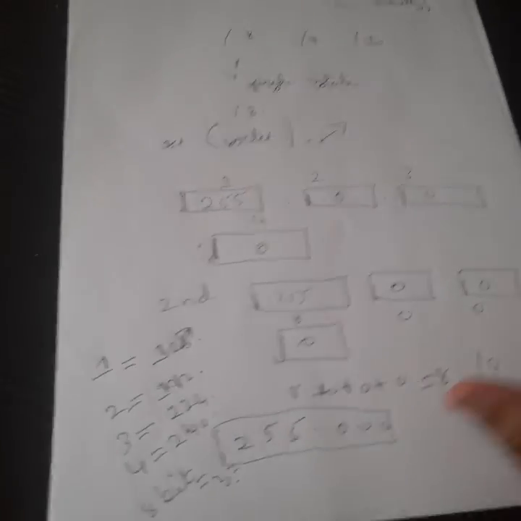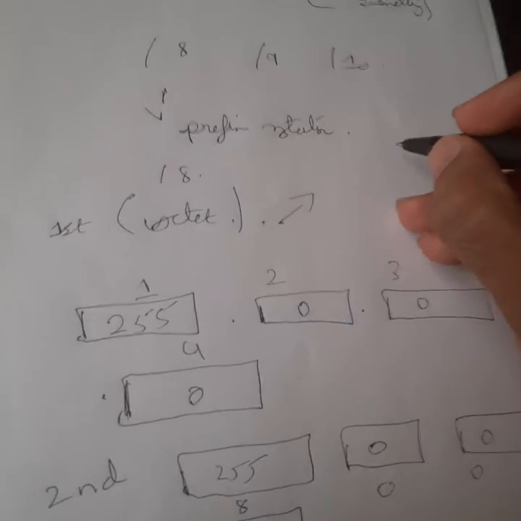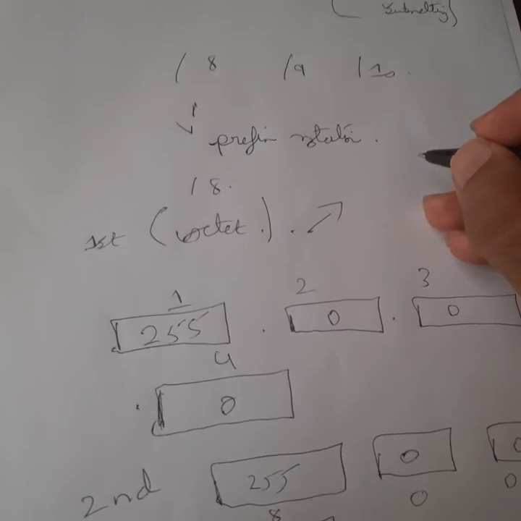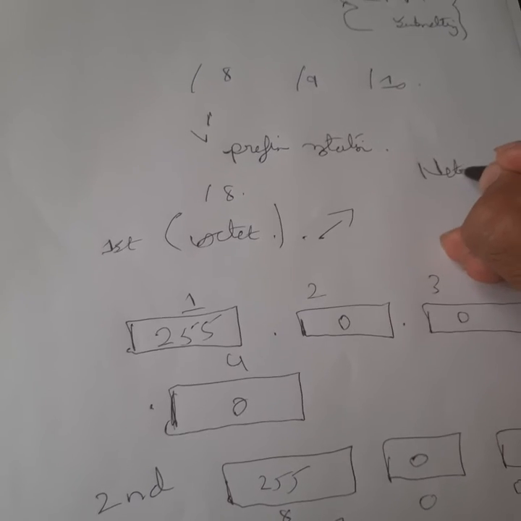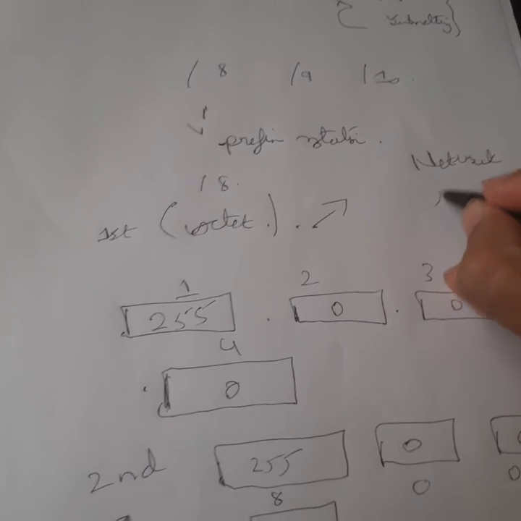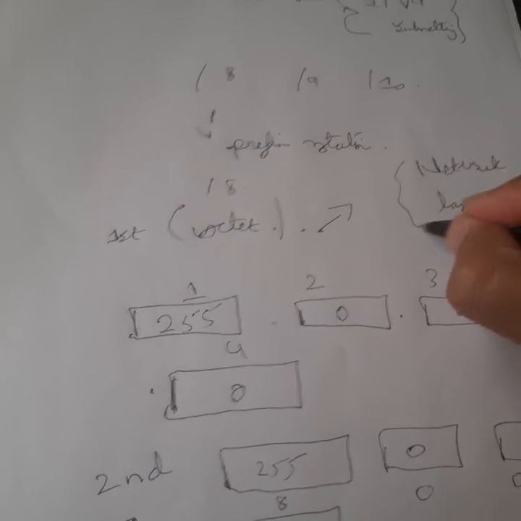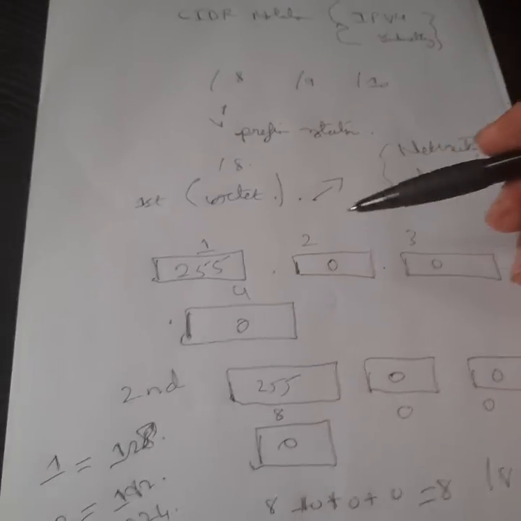Now my suggestion is, as I made videos on it as well, we are talking about the network layer here. This is all happening in the network layer, IPv4 addressing.